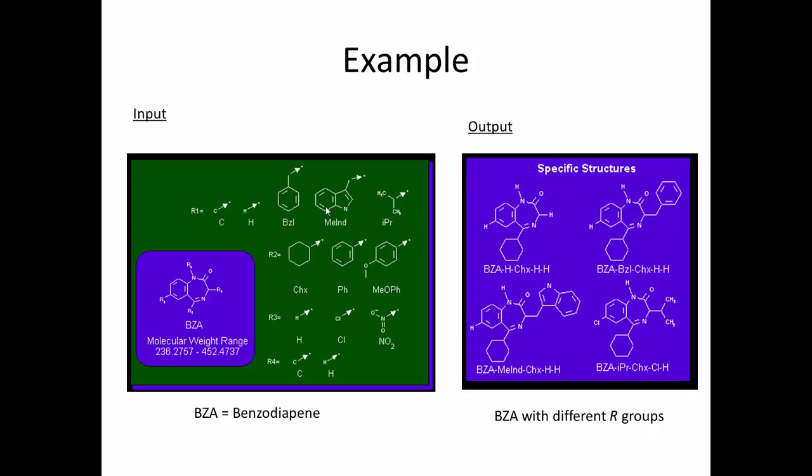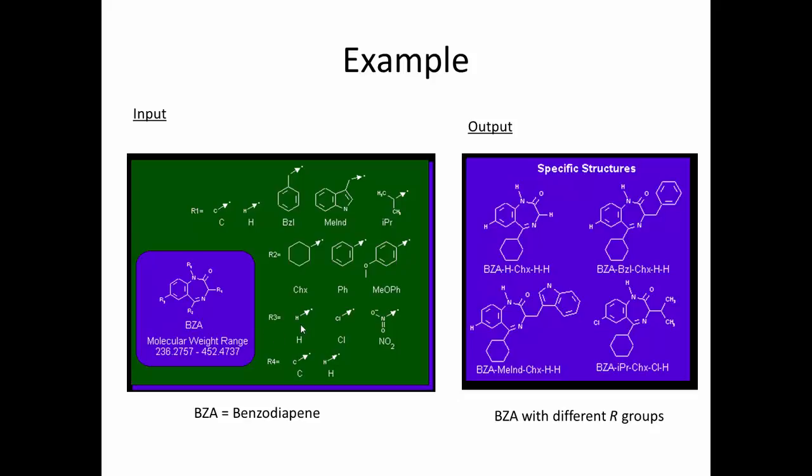So we can stick a methyl indole group on the R1 spot right here. And we can see that right here in this compound. Or we could have just a hydrogen there in the R1 spot. In the R2 spot, down here at the bottom, we can have things like this cyclohexyl group. In fact, all of these seem to have the cyclohexyl group at the R2 spot.